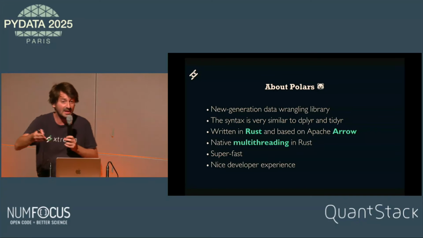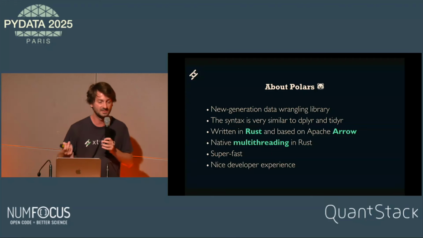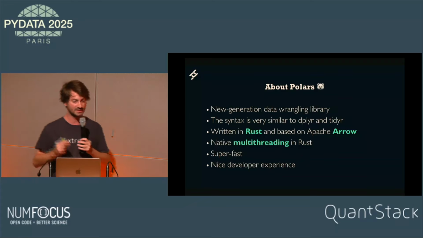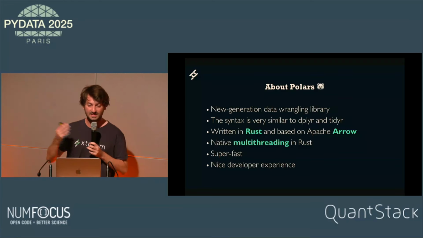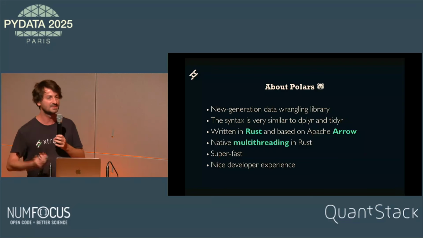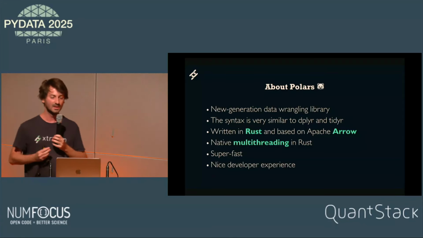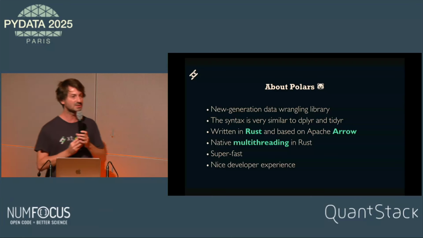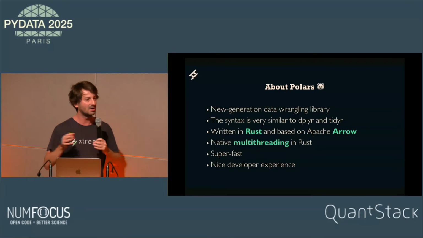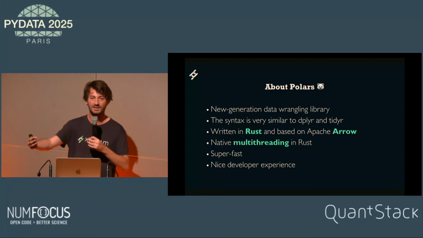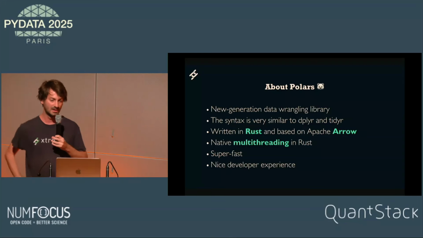It is today a technology of the past, not because it was bad, but because the technology has progressed. Polars is written in Rust. It is based on Apache Arrow, that, by the way, in 2008 did not exist. It works with native parallelization at a low level. The parallelization is not implemented in Python, but is implemented in Rust.